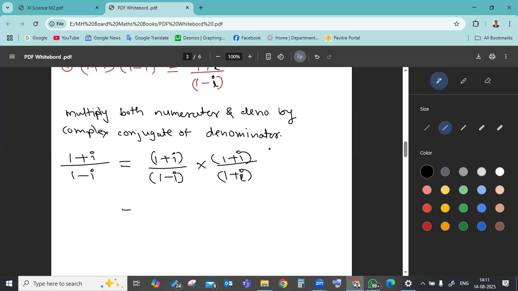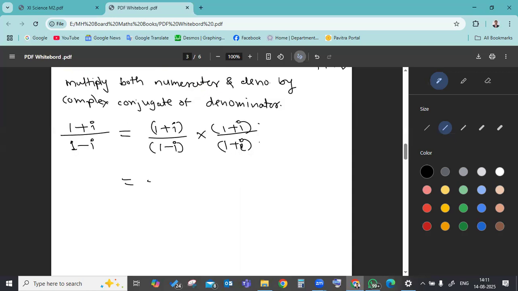Okay. Now what we just did, see, we multiplied by the conjugate. 1 minus i, its conjugate will be 1 plus i. So we took this complex number and multiplied and divided.